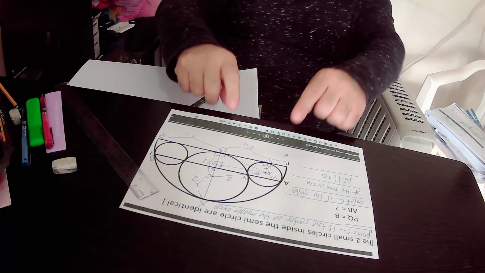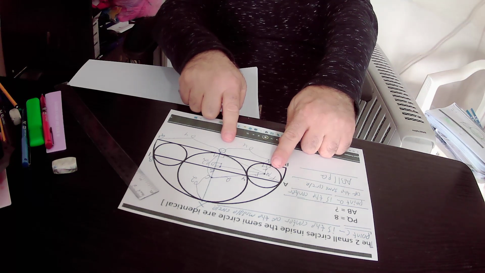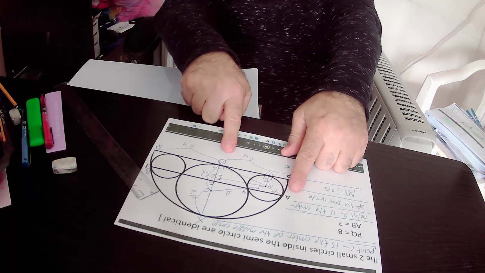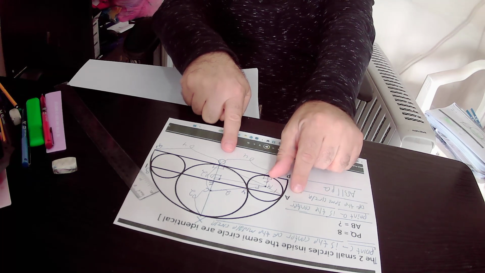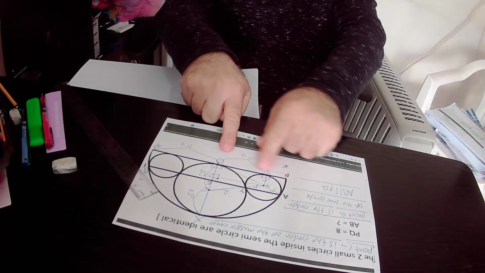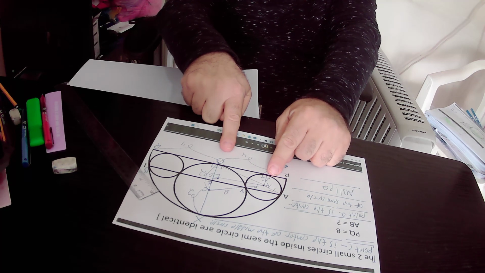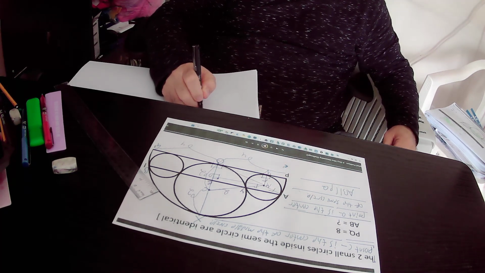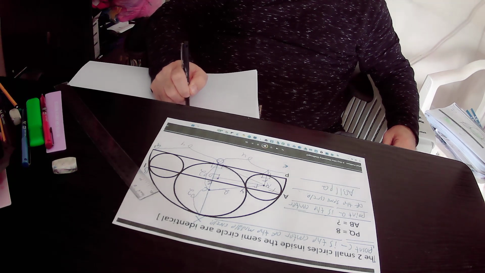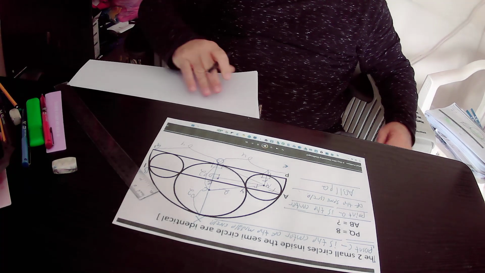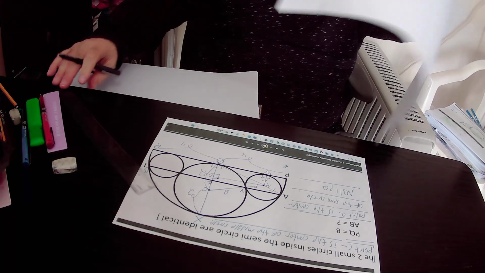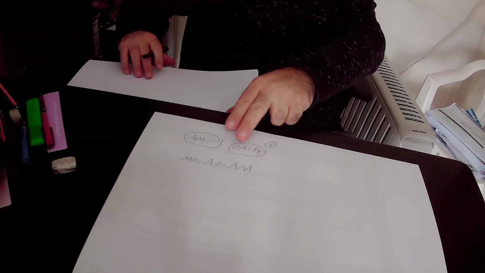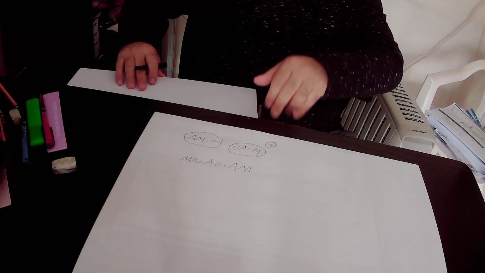So MO, you can see from the drawing that MO equals AO minus AM. Again, AO minus AM equals MO.